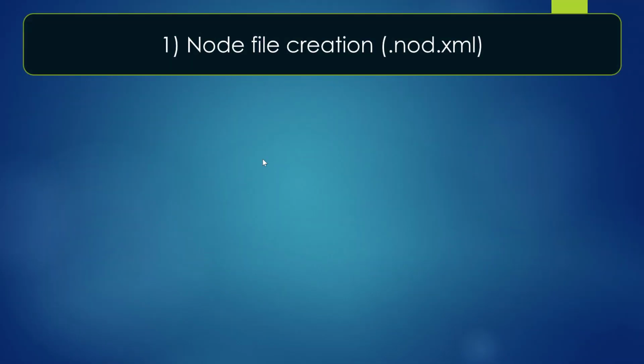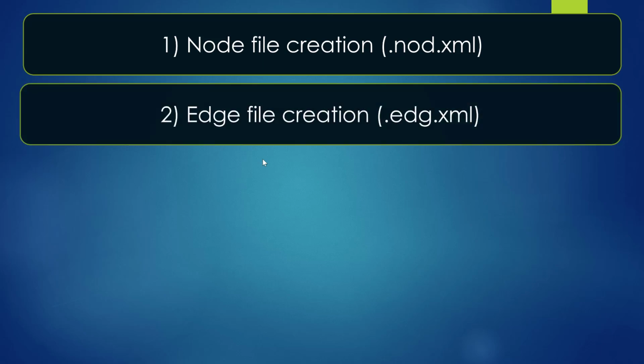This is the flow chart of the creation of our network. The very first step is to create our node file, and the extension of the node file will be .nod.xml. The second step is to create the edge file with the extension .edg.xml.